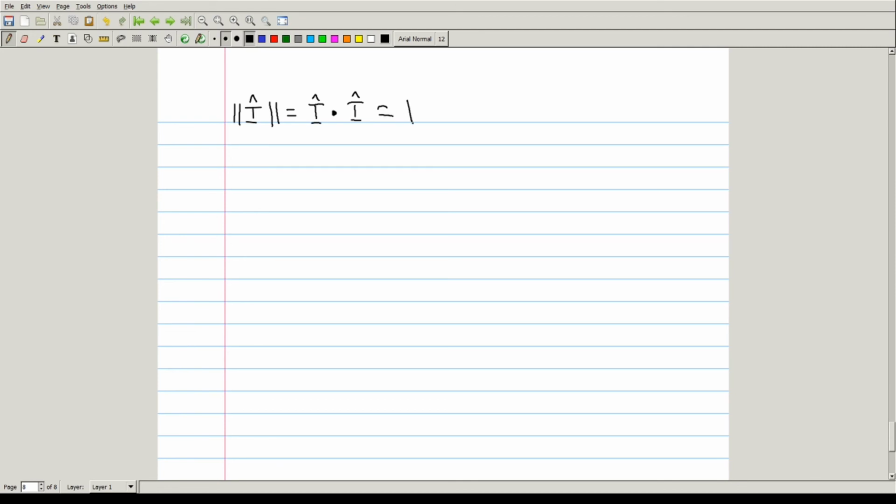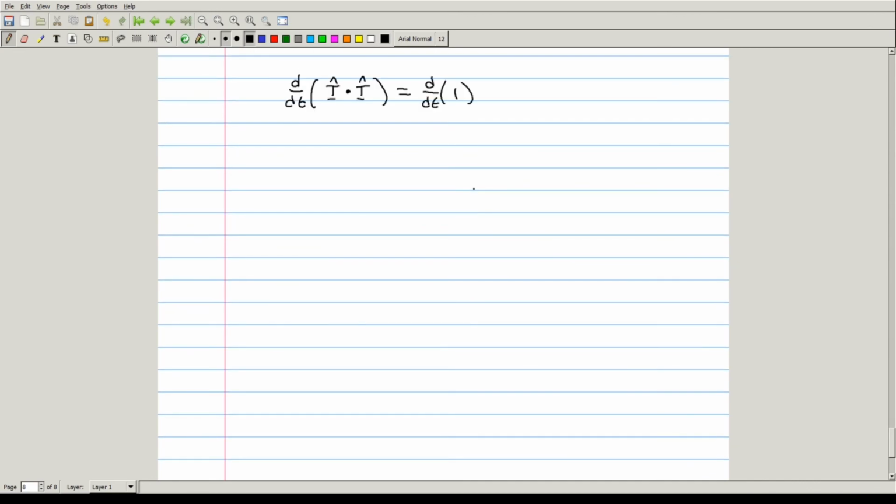And directly from this expression, the length squared is 1. If we take the t derivative of both sides of this expression, this is going to give us the following. Well, on the left-hand side, we can apply the product rule that we just proved. And the derivative of 1 is 0.